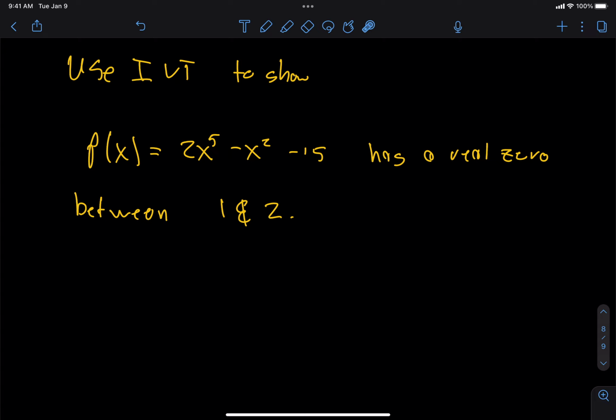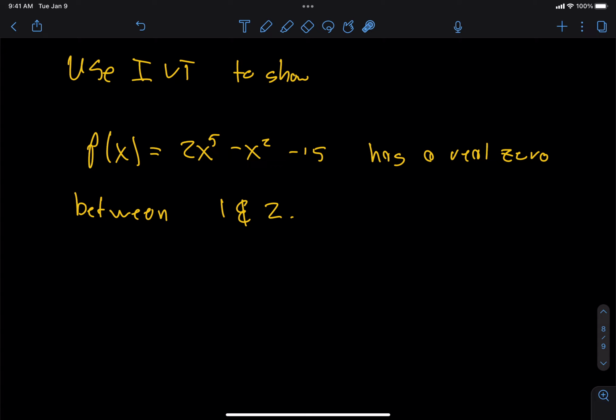So if I want to say that a function has a zero between 1 and 2, I need to say one of two things. Either the function value at 1 is above the x-axis and the function value at 2 is below the x-axis, or the other way around: the value at 1 is below the x-axis and the value at 2 is above it.